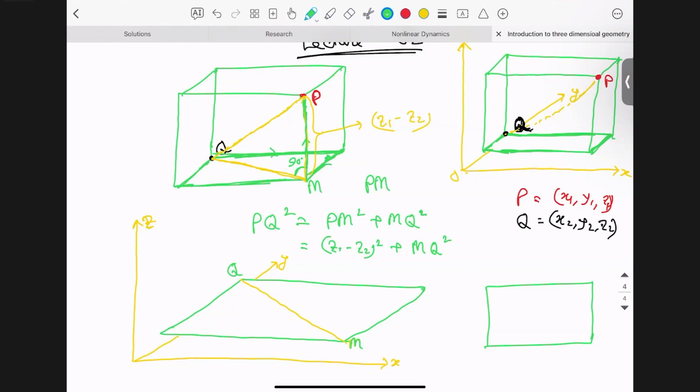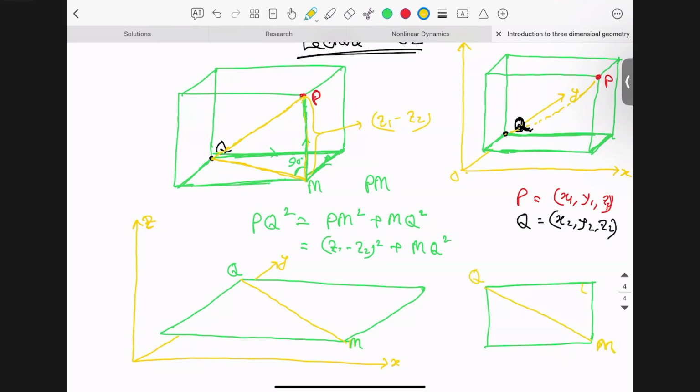It is nothing but a rectangle like this. If I just see it from the top, then it will be nothing but this green one, right? So this yellow line should be like this. This one is M, and this one is Q.